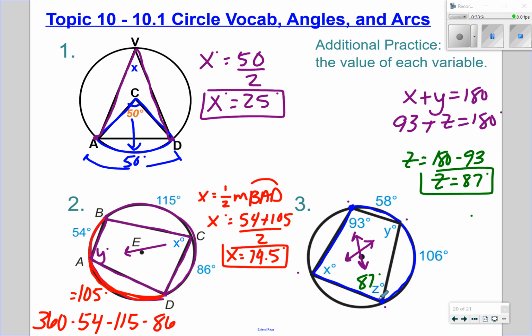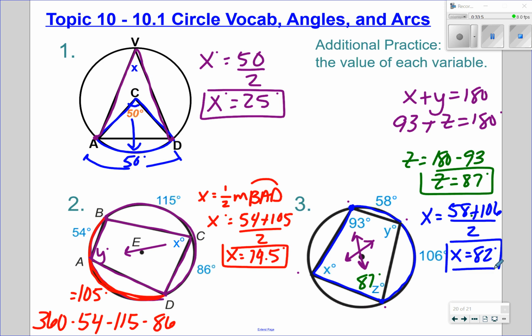So angle x is an inscribed angle, so I know that x must be half of the sum of the two arcs that it opens up to, 58 plus the 106. If you add the 58 and the 106, and then divide that by 2, you should get angle x, which is 82, or the measure of x, I should say.